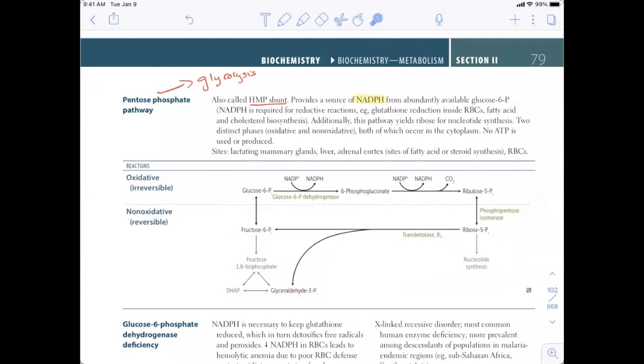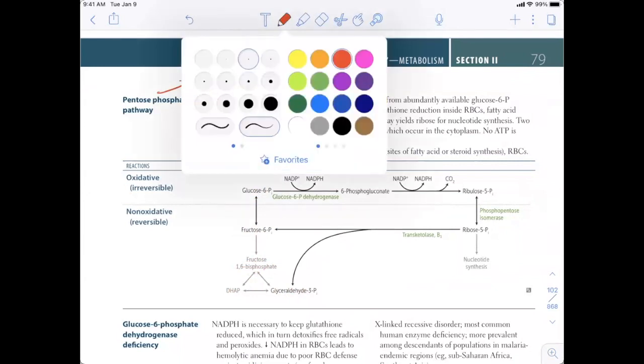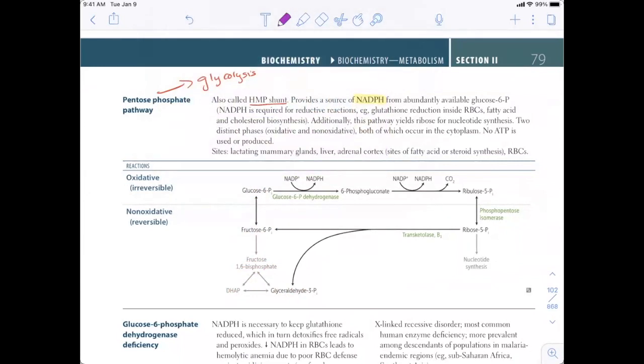So this looks very familiar, I hope by now, because you can see that what we have going on here on this side of things is glycolysis, coming down from glucose all the way through this, because at the end of the day, the end result of all of this is going to be pyruvate. So that's glycolysis.